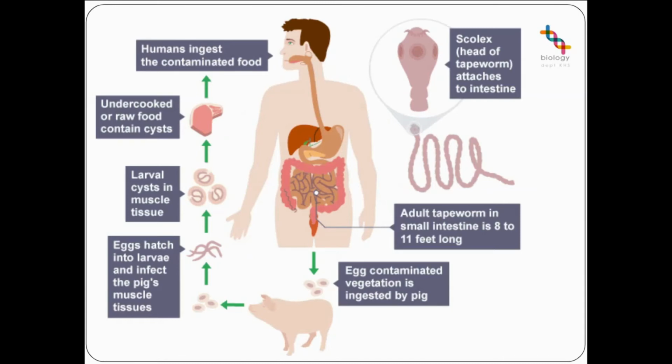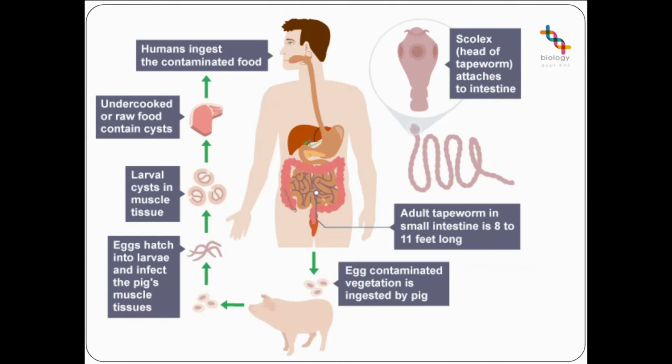So, for example, here we have an adult tapeworm, and that is living in the small intestine of a human. Those humans are producing waste, and within that waste are the eggs of these adult tapeworms. So these tapeworms are surviving, they are living within that small intestine, and they're reproducing and producing eggs.